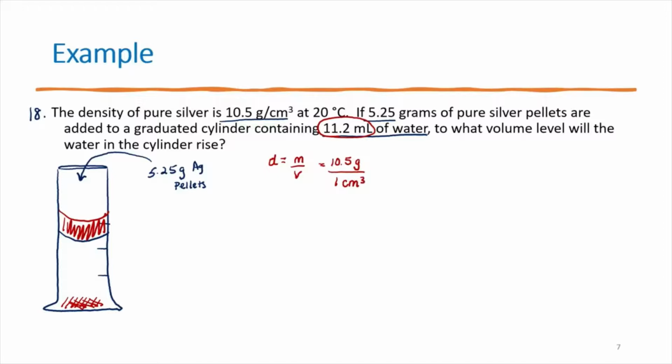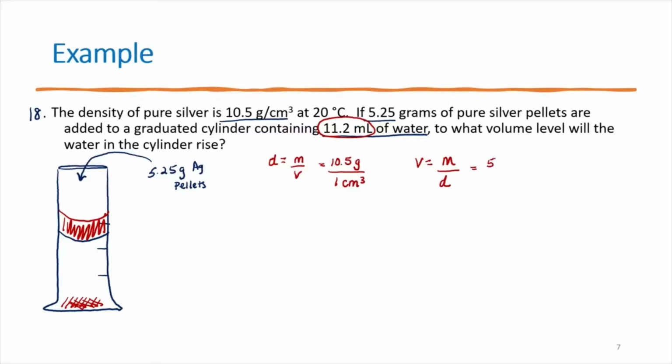I'm going to rearrange this and use the mass of the actual substance we have, the amount of pellets we have, to figure out the volume of pellets I have. If I want to find volume, I can rearrange this to solve. If I take your mass and divide it by density, it's going to give me volume.